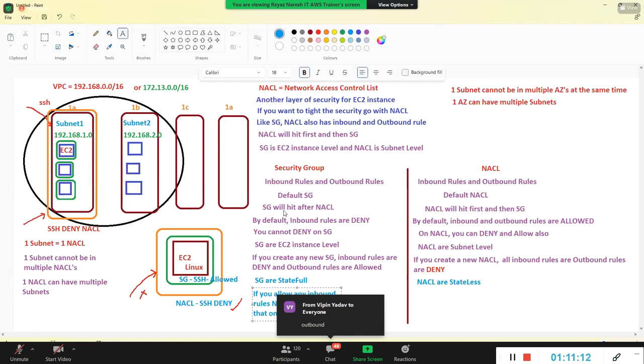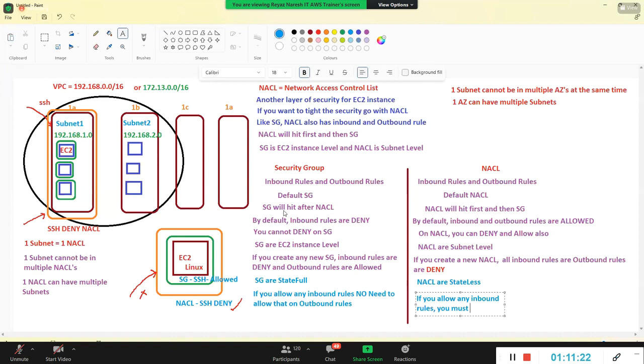That's the reason why we call it stateful. But here, if you allow any inbound rule, you must allow that on the outbound rule. That's the reason why we call it stateless. My hands are paining, enough.